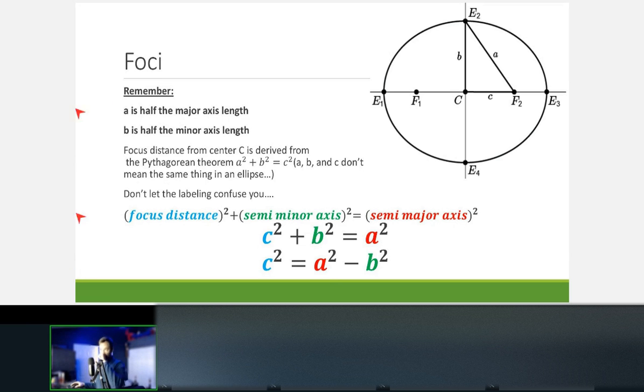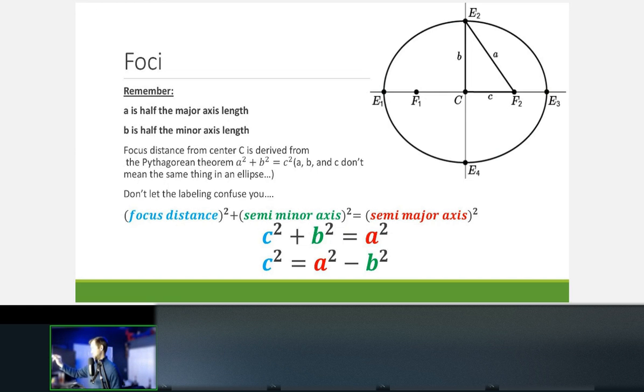All right, just like before, A is half of the major axis length. So from the center to a major vertex, where they go right or left, and again, I don't have it labeled here. I'm going to draw it in just so we can see that.